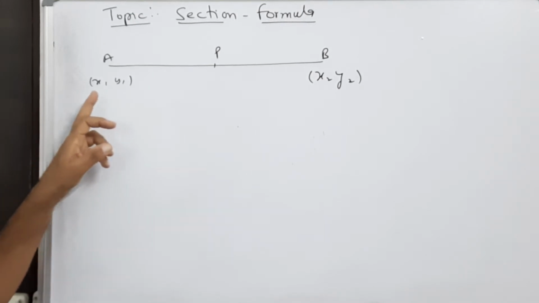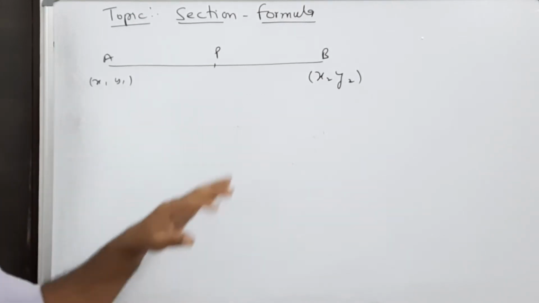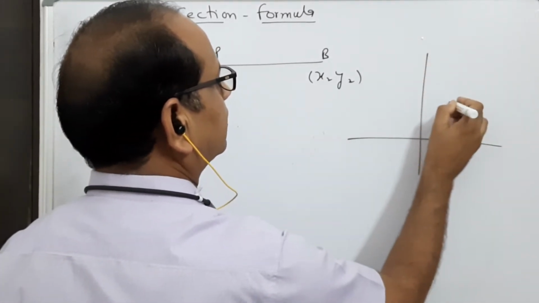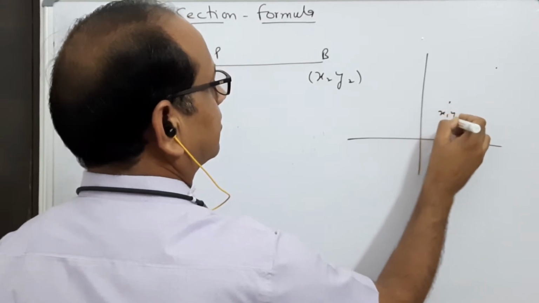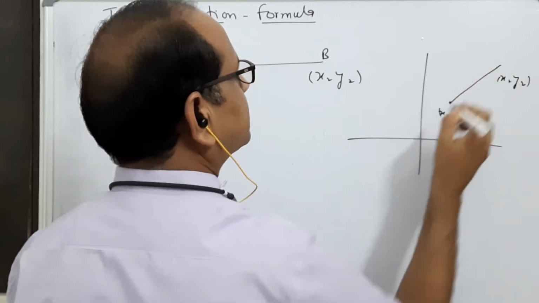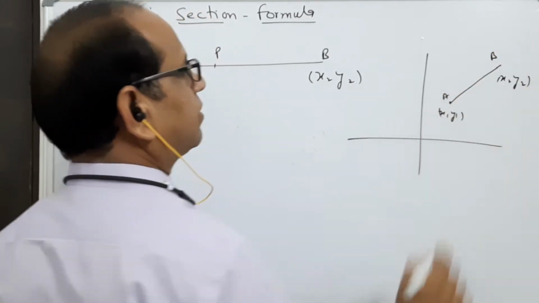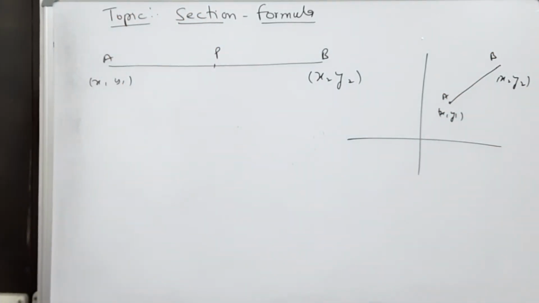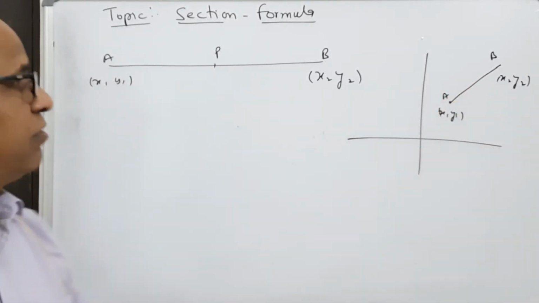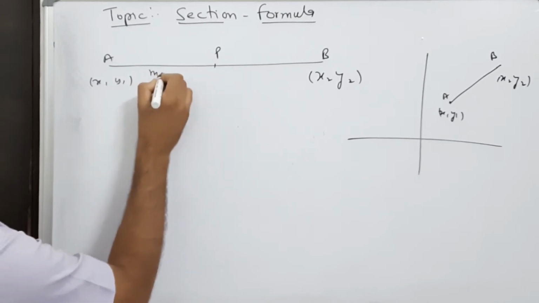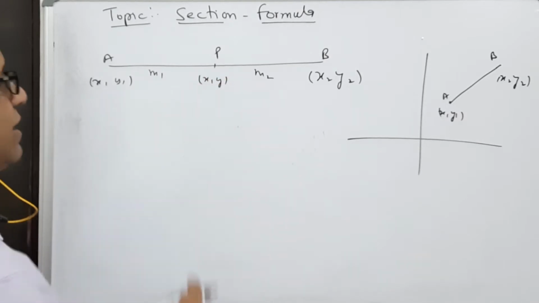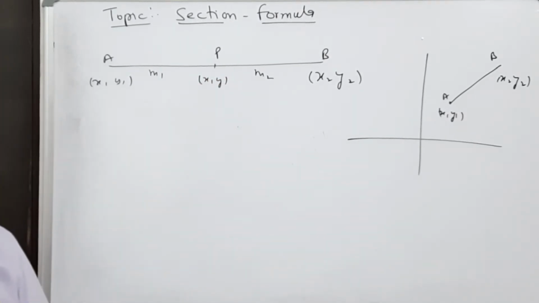Suppose there are 2 points (x1, y1) and (x2, y2) in a coordinate plane. There is a coordinate plane and on this plane there are 2 points (x1, y1) and (x2, y2). So these points can be in any quadrant. Now, if we want to find any point on this line which divides it in the ratio m1 is to m2, suppose the coordinate of this point is (x, y).